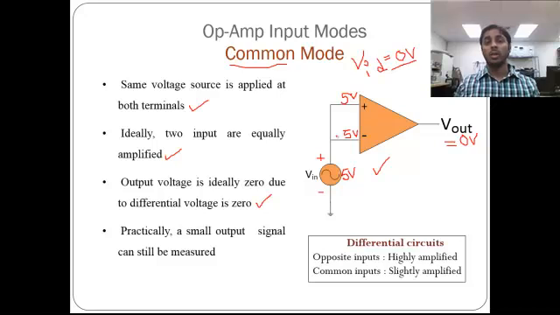But again, no circuit is ideal in nature. Most practically, there is usually some error voltage at the output side of an op-amp. Even if you apply 0 volts input to an amplifier, we're expecting 0 volts output. But practically, without any signal input, you are going to get some error voltage.